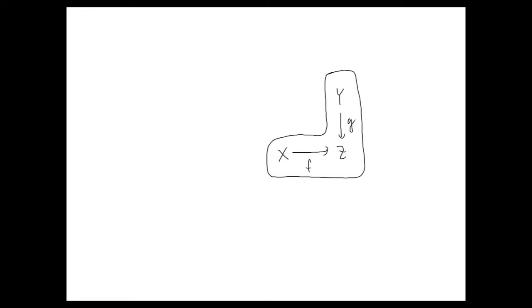Now think of this as a diagram in the category of sets. And we're now looking for a set L together with the projection functions again. So I'm going to call this one P1, I'm going to call this P2, and I'm going to call the middle one P3. So you see the picture is similar, except that the diagram has changed.